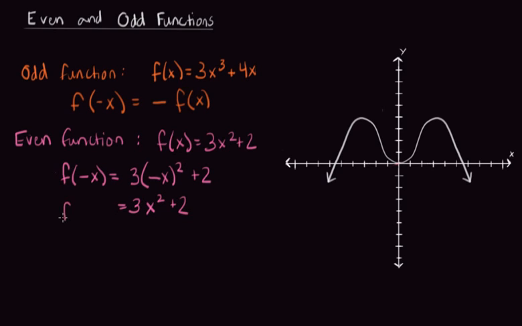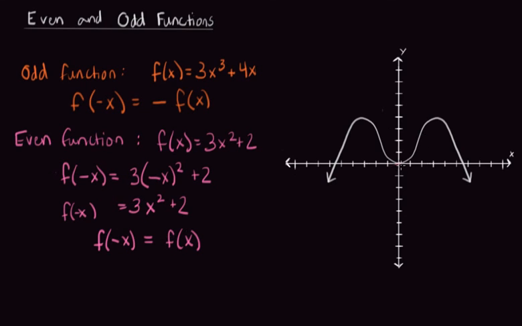So f of negative x is equal to 3x squared plus 2. Well, that's the exact same thing as 3x squared plus 2. So this is what happens in even functions. F of negative x is equal to f of x. So it's just the same. You can plug in a negative number, a negative x, but it doesn't change the function at all.